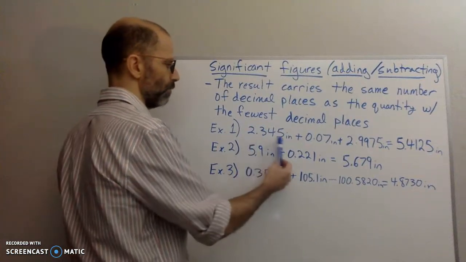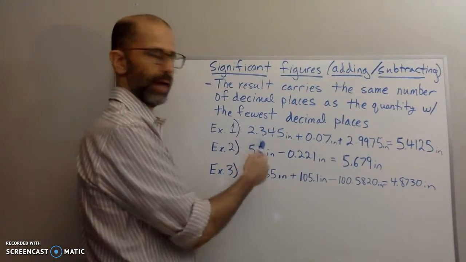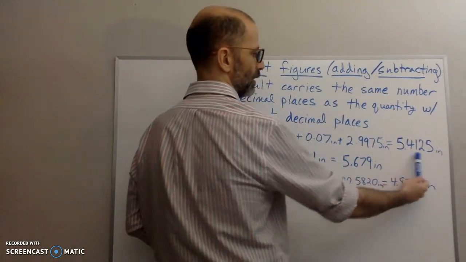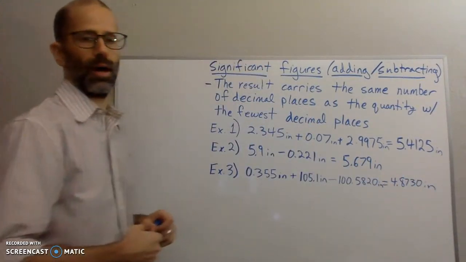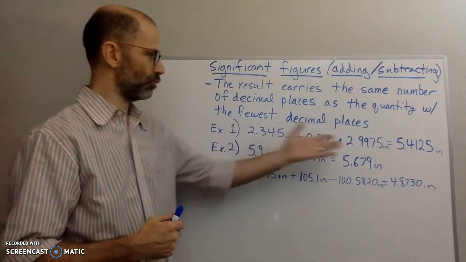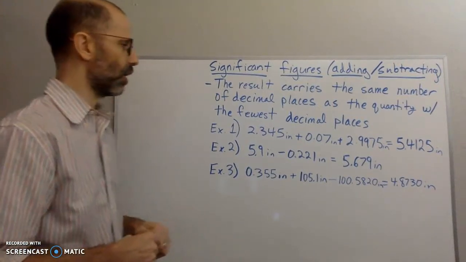So here you have three measures in inches that you are going to add together, and when you do add them together, your calculator spits out this answer. Now, in a normal pure math class, you just write down all the numbers. You don't worry about significant figures.